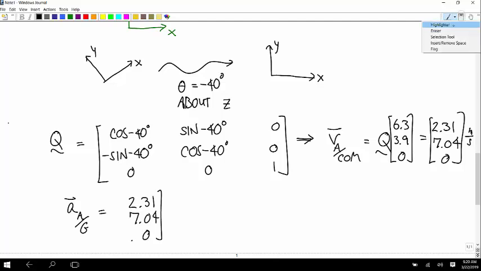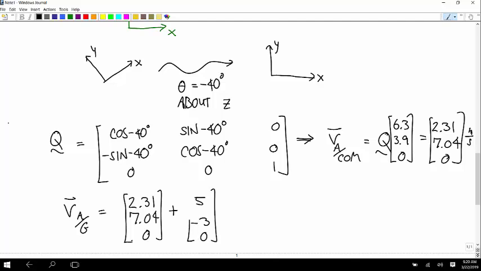Yeah, find velocity, thank you. The velocity is 2.31, 7.04, plus what it says is the velocity of the center of mass, 5, -3. So 7.31, 4.04.